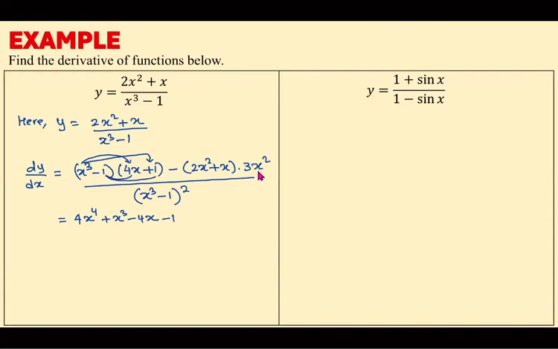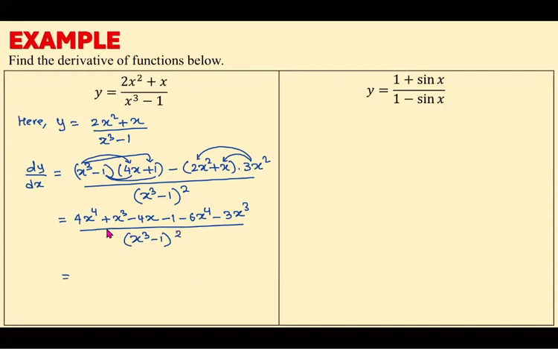Similarly, if we distribute this here, if I multiply there, that's going to be 6x to the 4, but there's a minus in front. So minus 6x to the 4. And then if I multiply here, it will be 3x cubed, but there's a minus in front. So minus 3x cubed over x cubed minus 1 quantity squared.